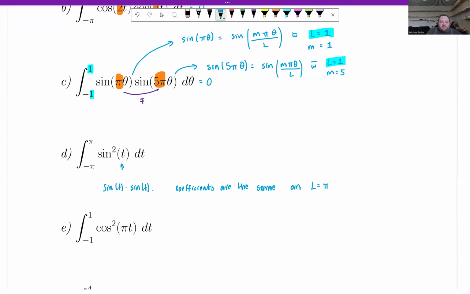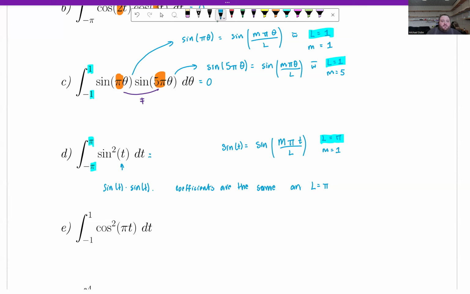And that's because if we want sine of t to equal sine of m pi t over L, then L has to be equal to pi, and m will be 1, okay? And we see right here that our bounds are appropriate, okay?